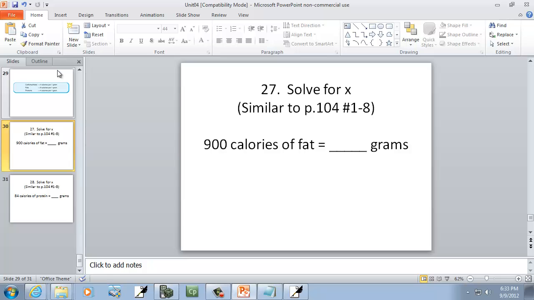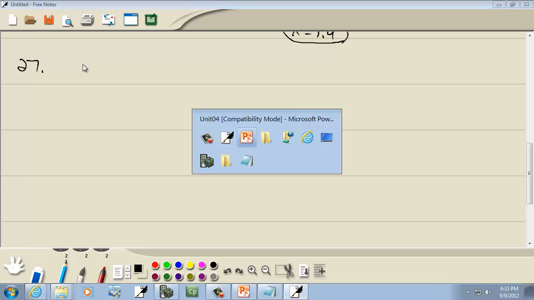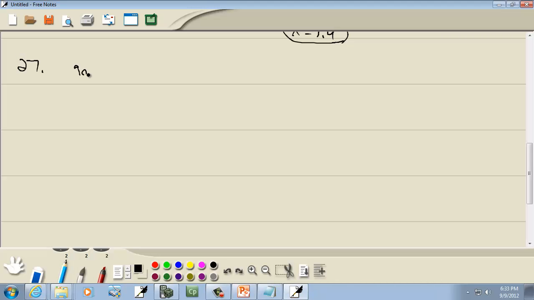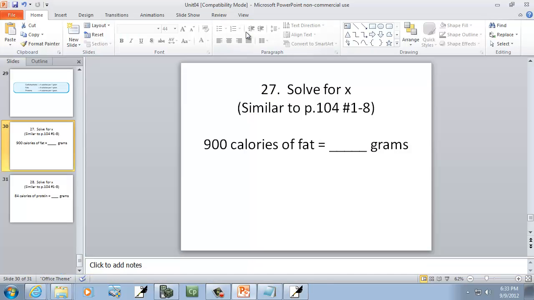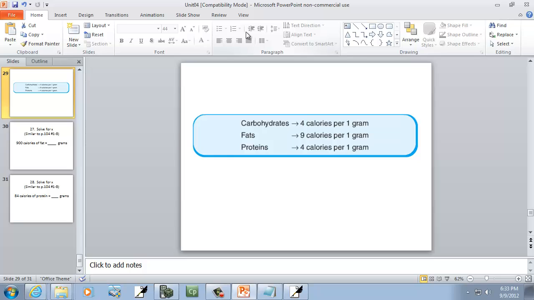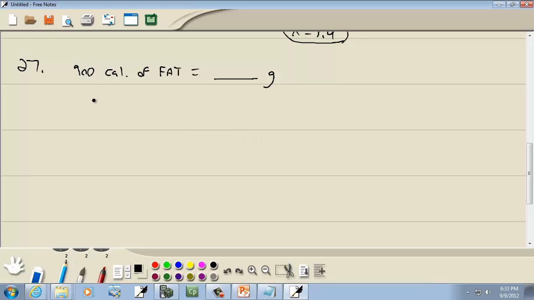Okay. Now this 27. We got 900 calories of fat is equal to blank grams. Now what they're doing over here is they're giving you a setup so you can do proportions. So we're talking about fat, so we got 900 calories of fat and X grams.